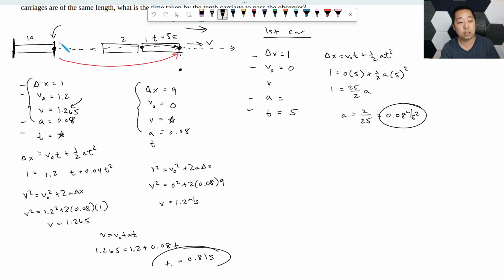That's the amount of time to go from there to there. If you had done the quadratic for this equation, you should get one of your answers to be 0.81. There are two solutions with quadratics, by the way. One's positive, one's negative in this instance. The negative one you ignore because a negative time doesn't make any sense.